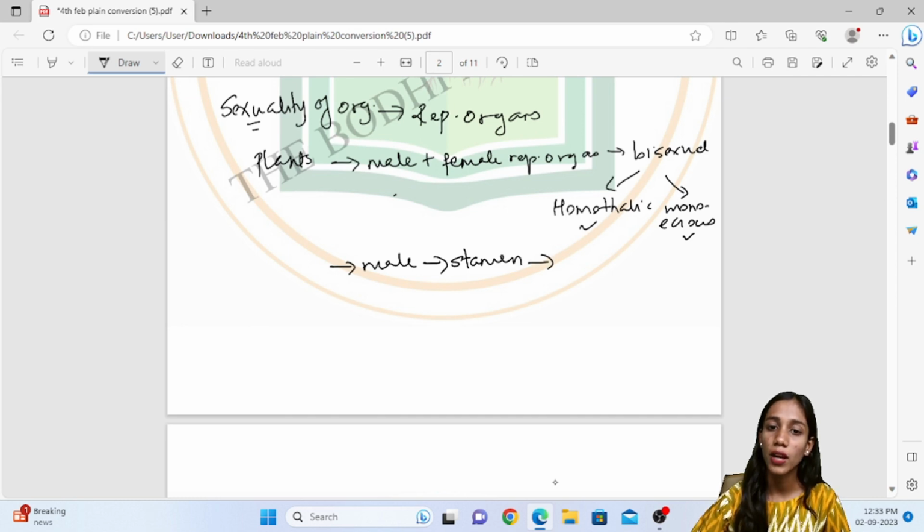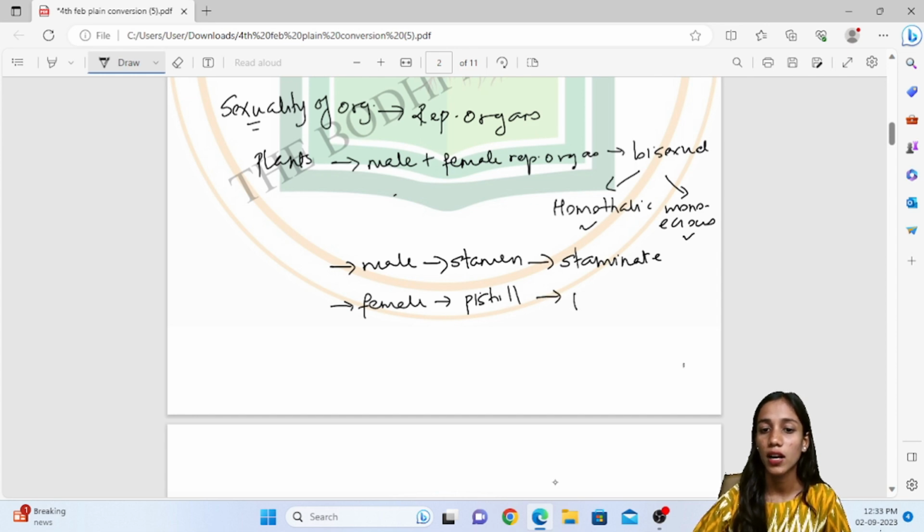So the entire plant is called as the staminate. The female reproductive organ is the pistil. Okay, so the entire plant is called as the pistillate.